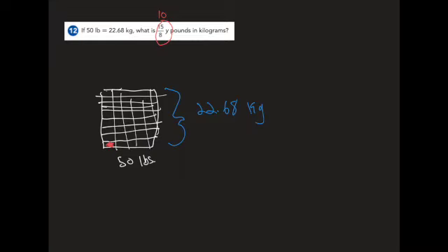And to figure out how many there are, I have 50 pieces that I broke it up into. I didn't really use 50, I just estimated so you could see the 1. But it's broken up into 50 pieces to get 1 pound.